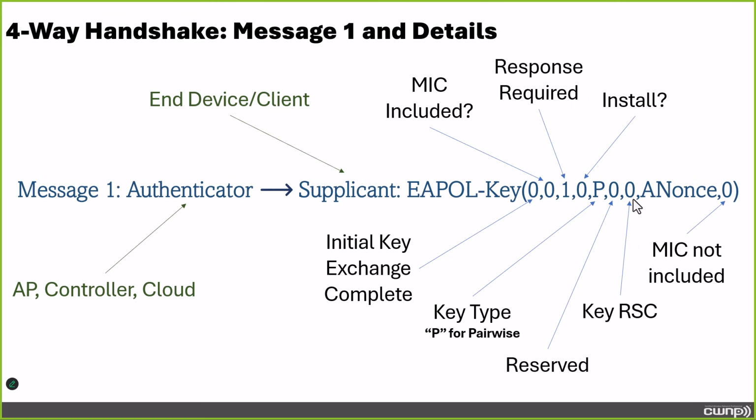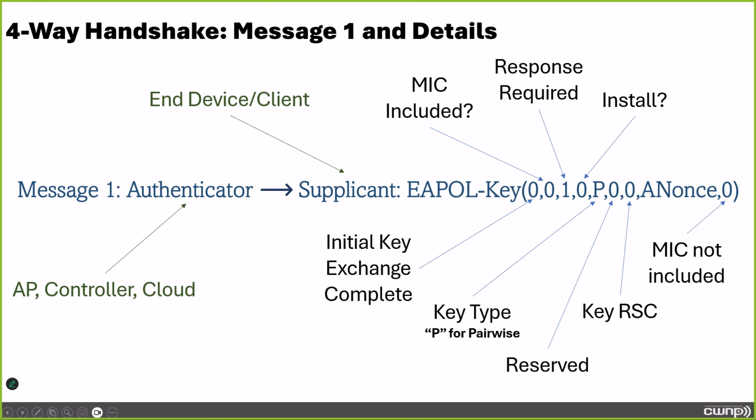We haven't got up to the GTK yet, so not talking about it. So we're just leaving it at 0. Then we have our A nonce, which is not just 1 bit. It's the actual number, but it is bits. Everything's bits, right? When you send something on a network, it's all 1s and 0s, but those 1s and 0s represent a number. And then, of course, the MIC is not included, so that field is simply set to 0.